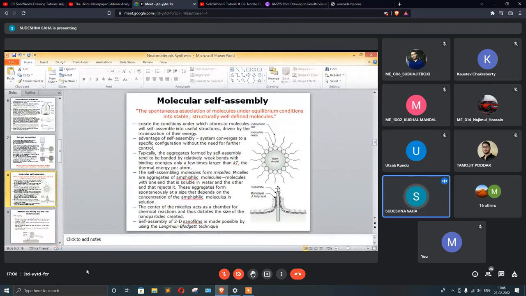Once you take it out from there, the fatty acid or surfactant monolayers basically climb onto the substrate, and you get a layer deposited on it. This is how you actually create a monolayer on the substrate that you are trying to coat with a nano film.